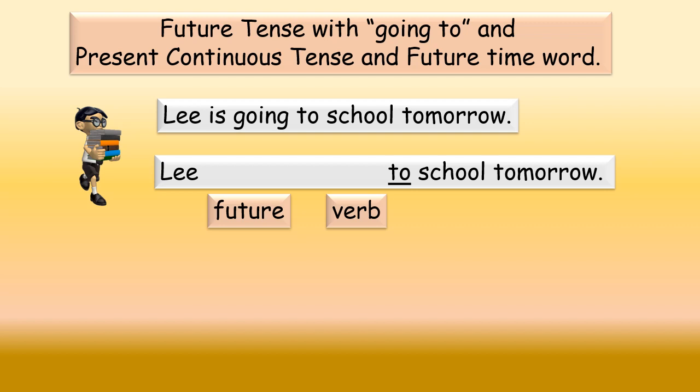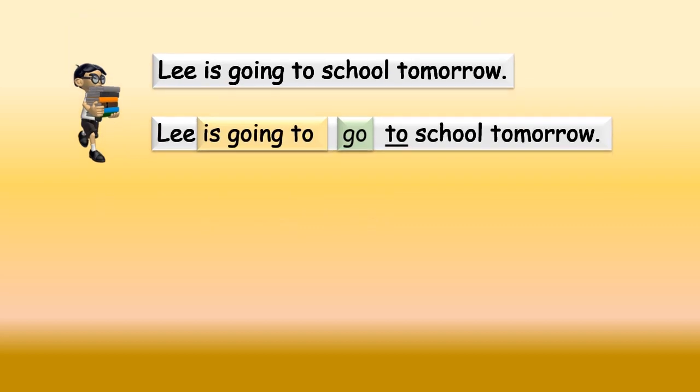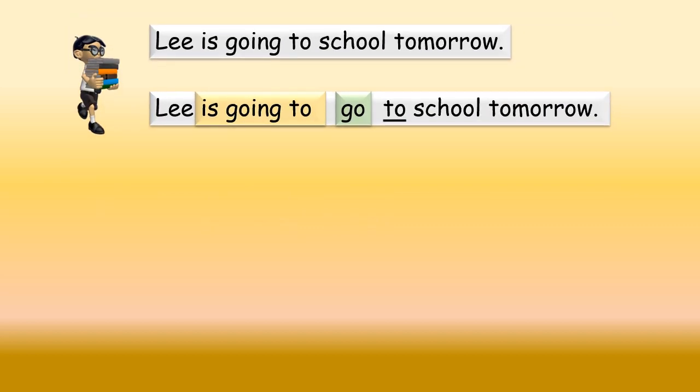For the future, we would use is going to, and the verb go. Lee is going to go to school tomorrow. Lee is going to school tomorrow. Lee is going to go to school tomorrow.